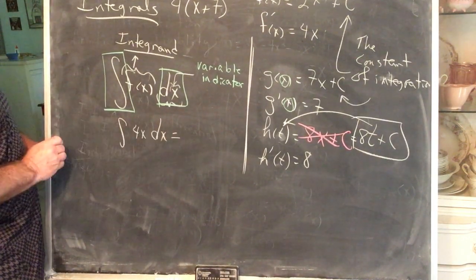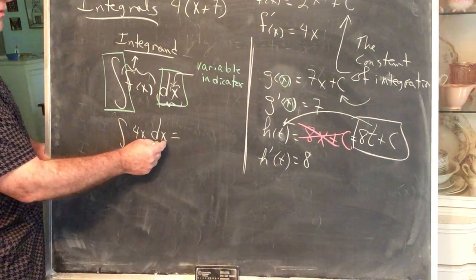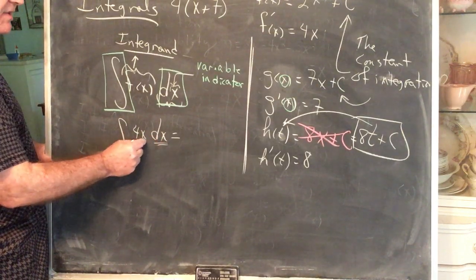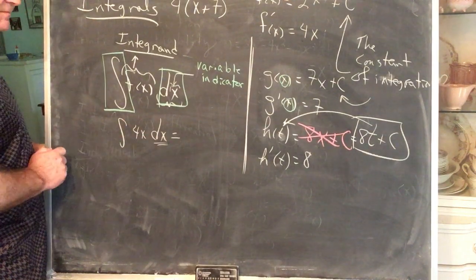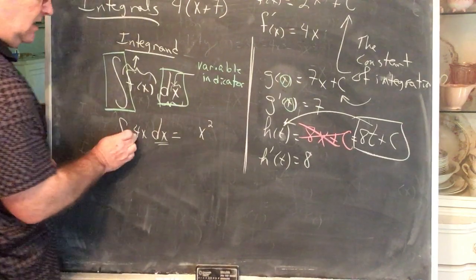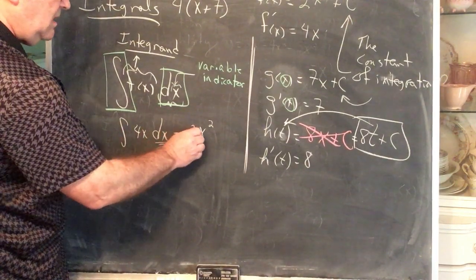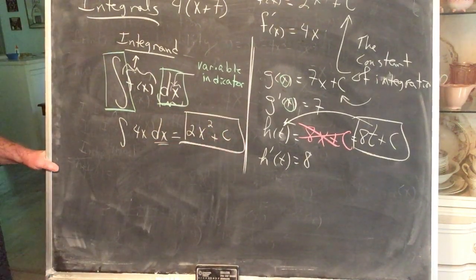Let's apply the process. Take the integral of 4x, and really the way you read this is with respect to x, using x as the variable. Take the integral of 4x using x as the variable. Well, what do you do? You add 1 to the exponent, divide by the exponent you just created, and then add the constant of integration, and that's correct.